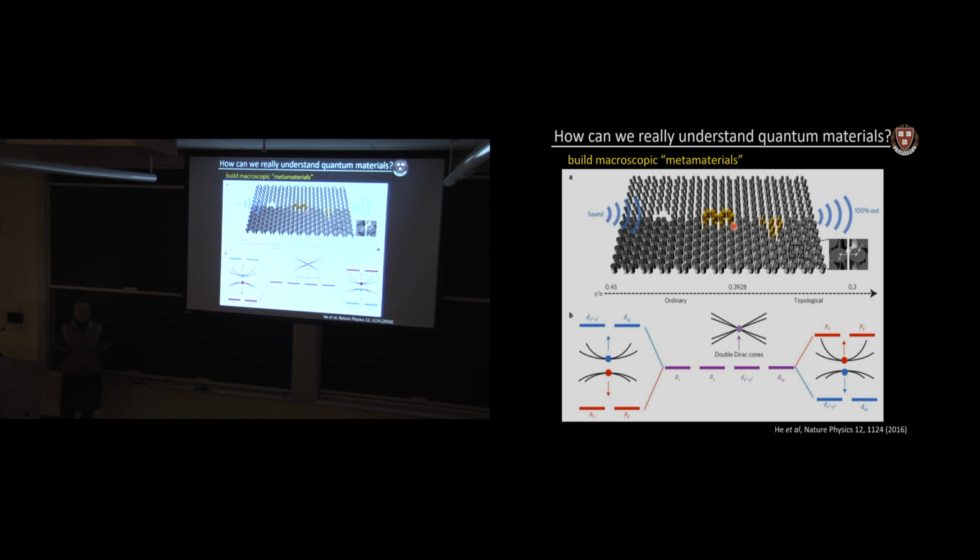You can look at the frequency of sound as a function of the wavelength of sound, and you can make a classical analog of a quantum topological material by inverting acoustic bands.